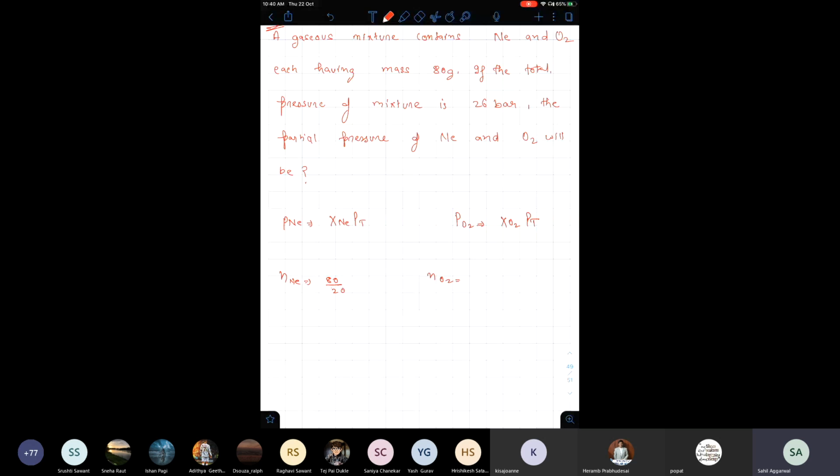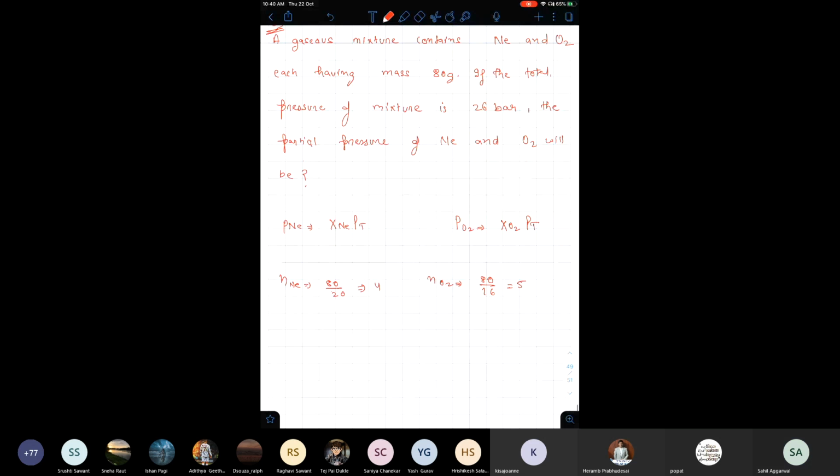Moles of oxygen will be given mass upon molar mass. So this is 4, this is 5. We got total moles. Now put it in the main formula. Oxygen was 3.2, 32. It will be 5 by 2.